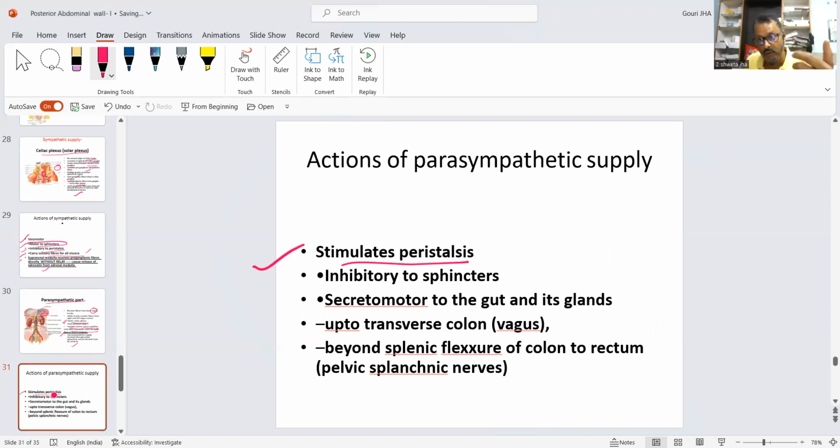The sympathetic one was inhibiting the peristalsis. It is inhibitory to the motor, that was motor to the sphincters, and it is secretomotor to the gut and the glands. Up to the transverse colon only the vagus nerve takes care of the supply. Beyond that, for the colon and the rectum, it is the pelvic splanchnic nerve which will take care.